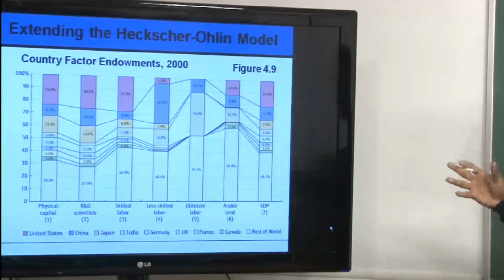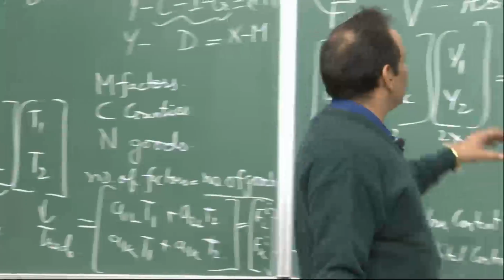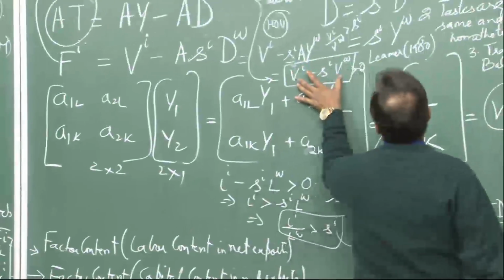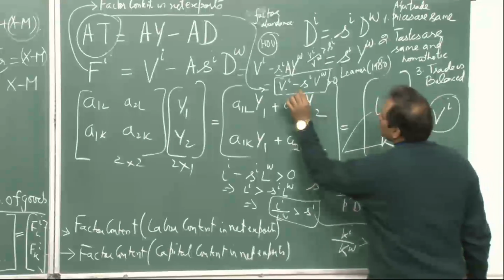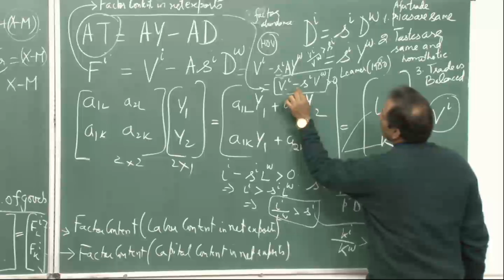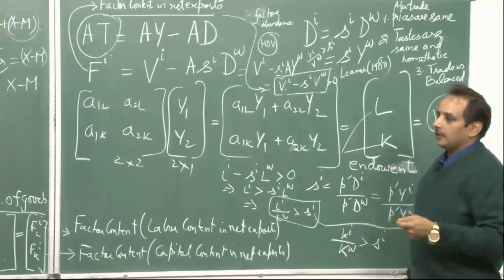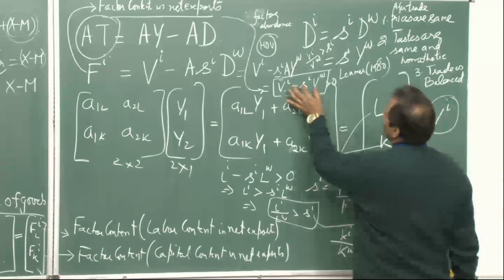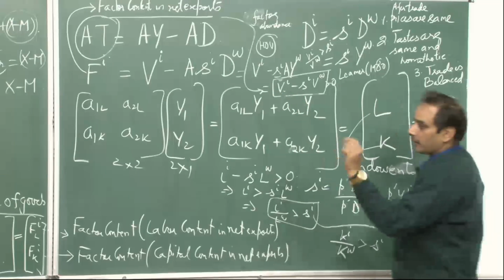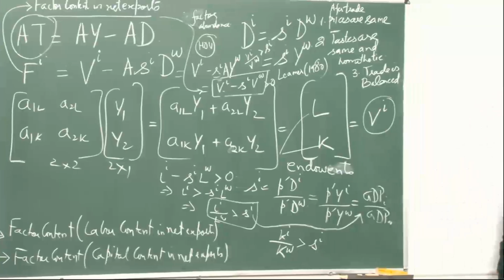So, something needs to be done about this, because it uses this particular equation. That something is that each of these endowments has to be multiplied by the productivity to get the effective endowments, and then it has to be compared with the GDP share. So, effective factor endowment share has to be compared with the GDP share. That is how technology is taken into account.